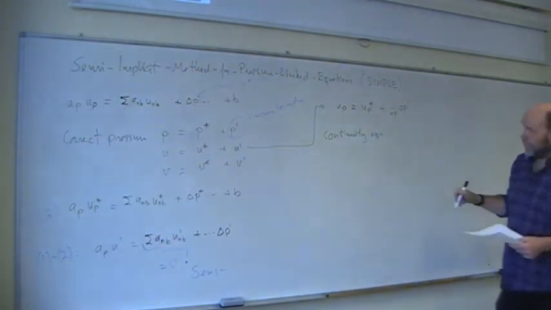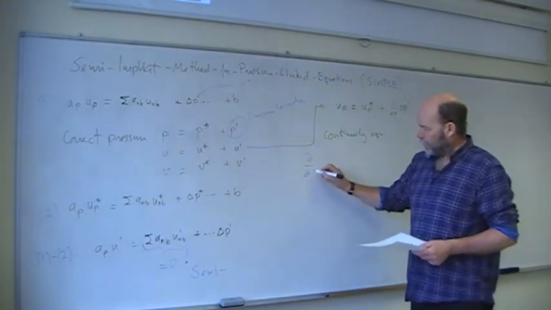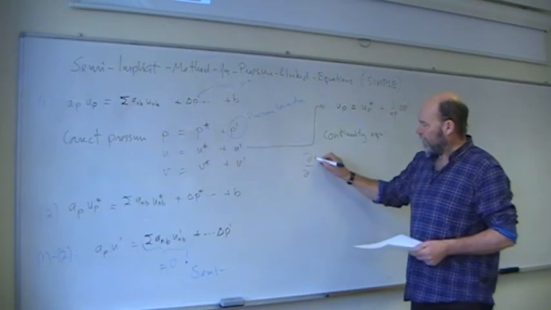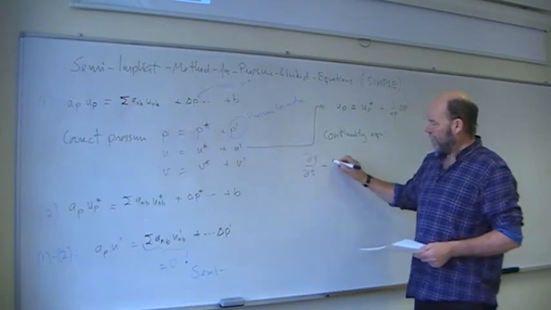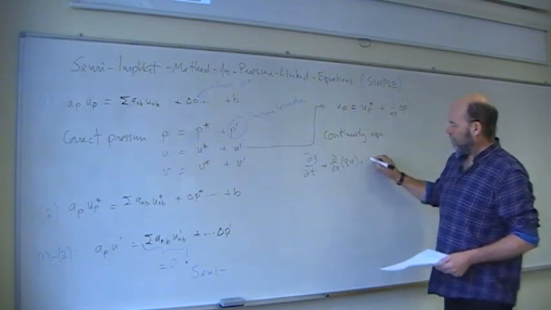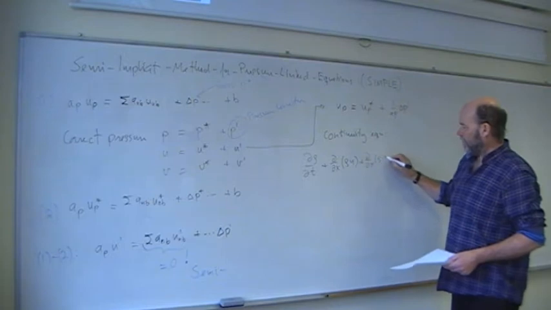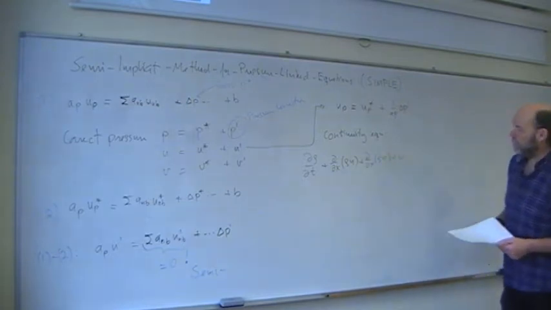So for the continuity equation, here in conservative form, you will have the time derivative of density, x derivative of rho u, y derivative of rho v equal to 0.